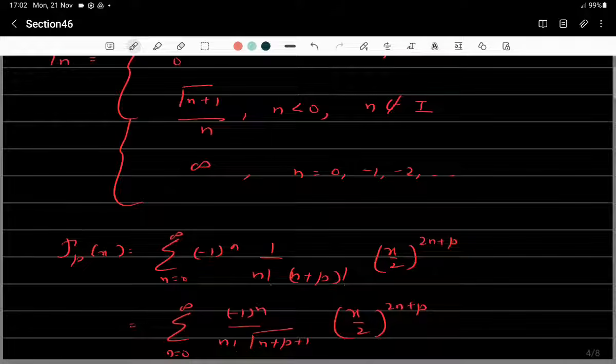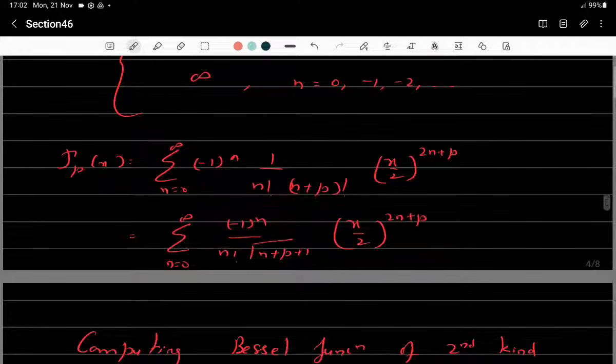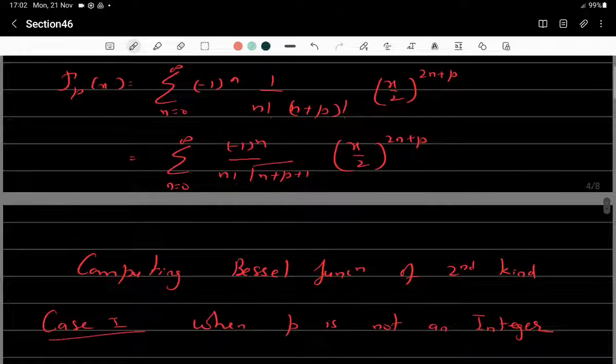Yes, now the other solution would be j minus px. I have to see what will happen, whether it is well defined when we consider j minus px. To consider j minus px, because the other root of the initial equation was minus p, I will consider two cases. First, when p is not an integer. Let's say p is 3 by 4.